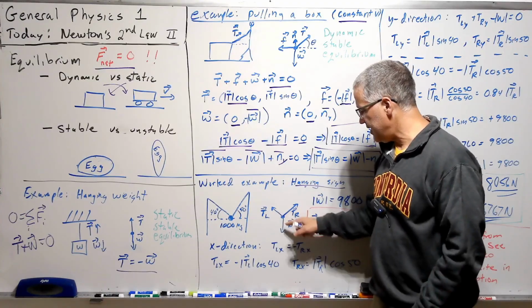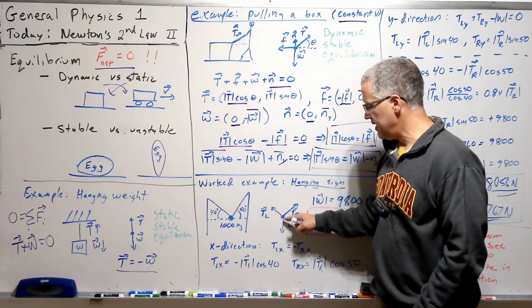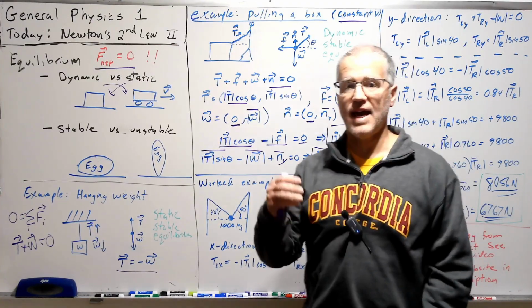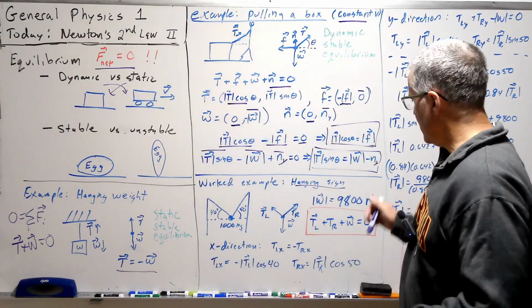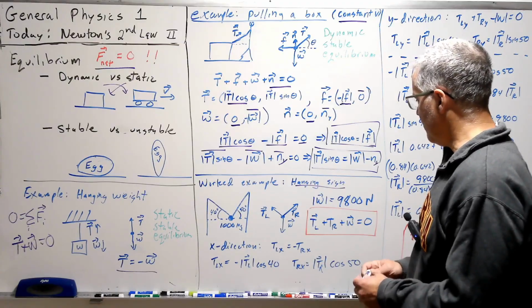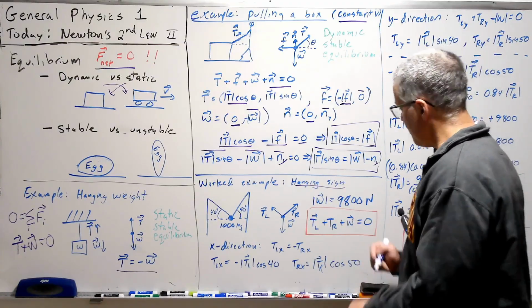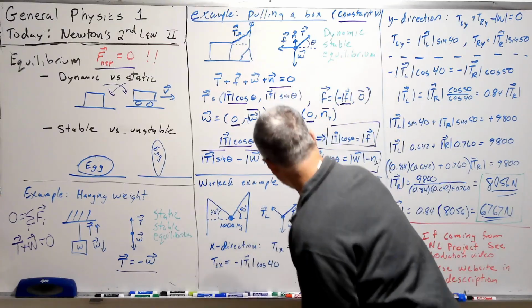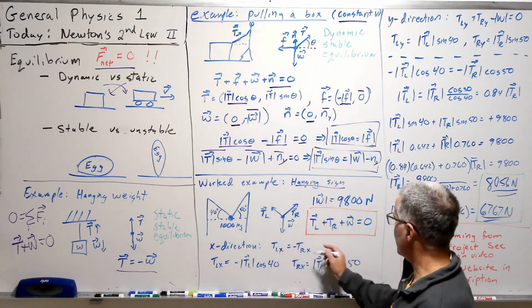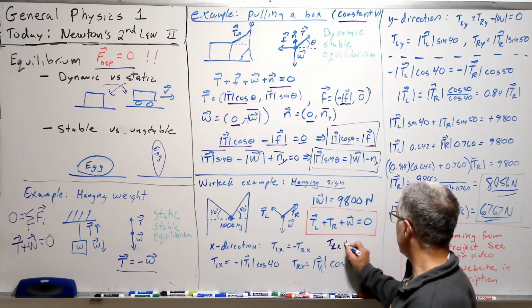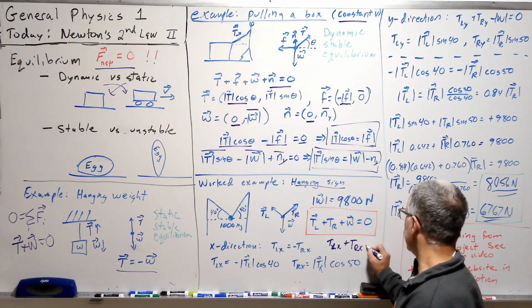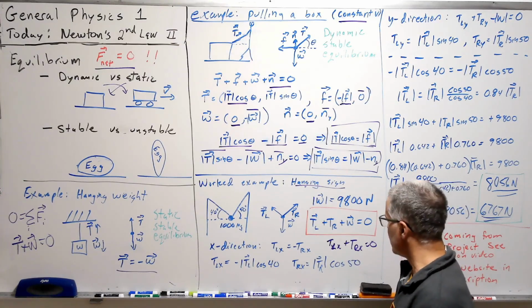In the x direction, the weight has no component to it. So this is only the x component of the tension on the left and tension on the right. So the governing equation here for the x is going to be TLX plus TRX equals 0.